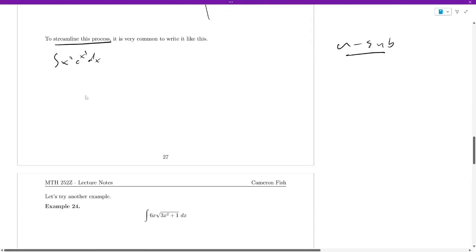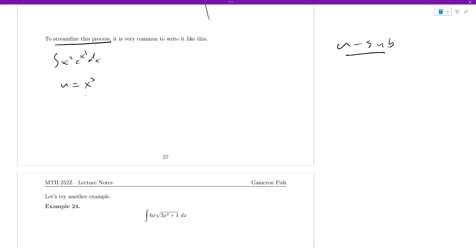You always start by writing u equals, and then you have to pick the inside function. We'll see some examples of how to pick a good function, but for now let's just trust the process that it's going to work out well if we pick u to be x cubed.